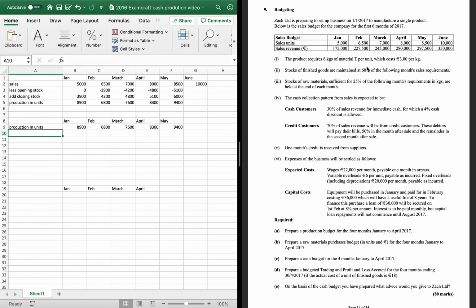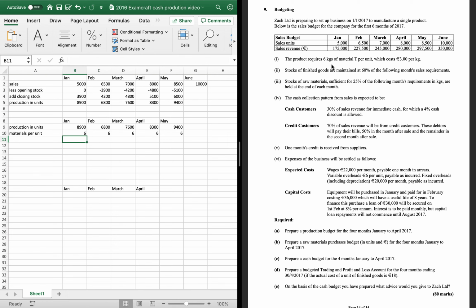Now, in normal budgeting, there's normally like two materials, material X, material Y, and you'd be multiplying them both out, and you have two columns on the go. In this case, there's only one material T. We're only making one product, so it's 6 kilos. The materials in kgs needed are 6.